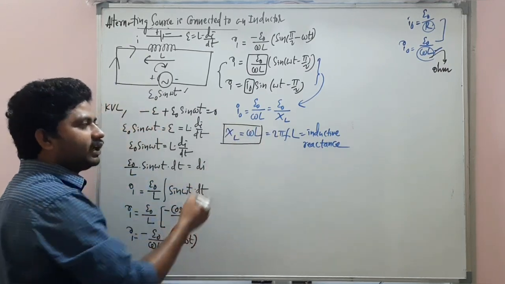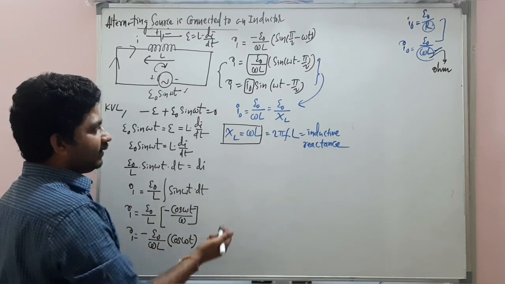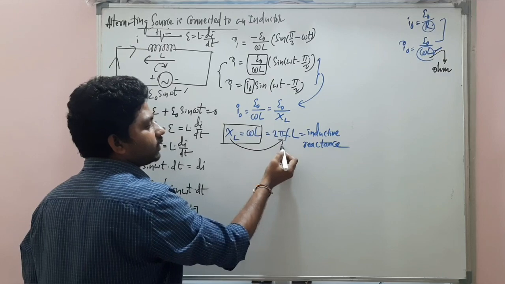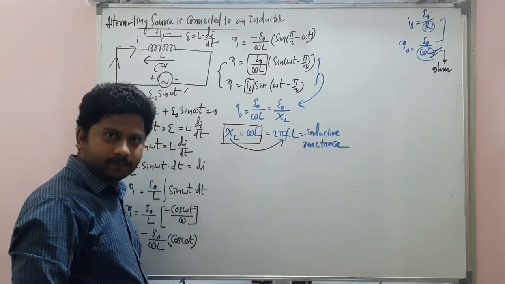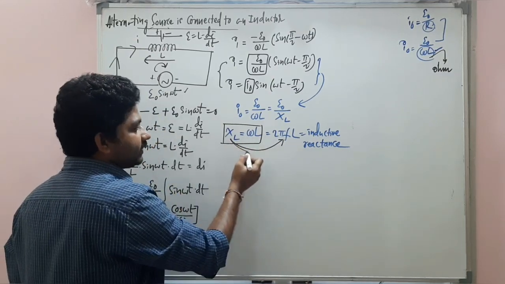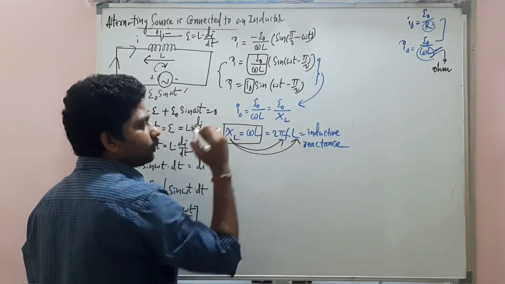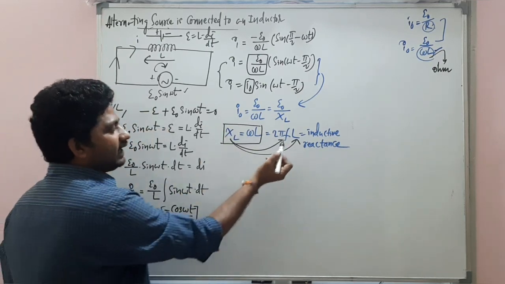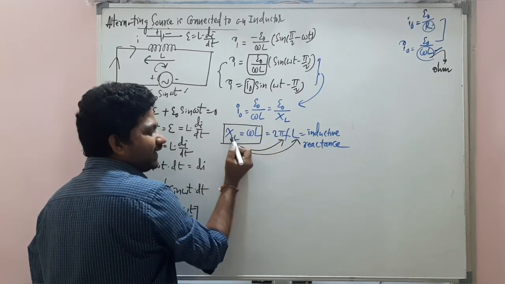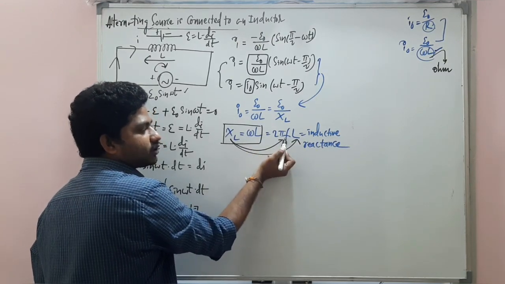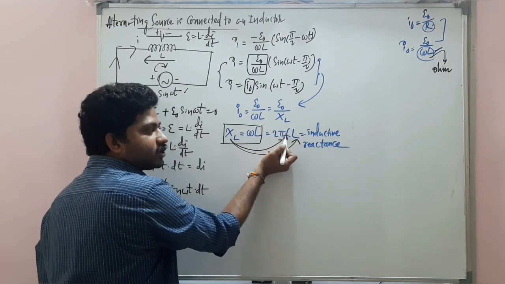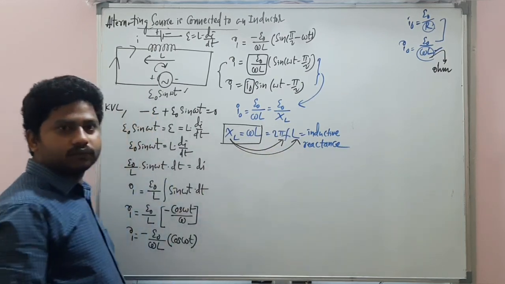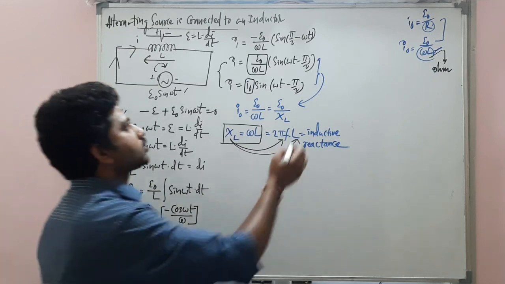And the interesting thing I'll show you here itself. This inductive reactance depends on the frequency when L is constant. This inductive reactance depends on L when frequency is constant, remember. It is directly proportional, right? So the graph will be directly proportional like this.